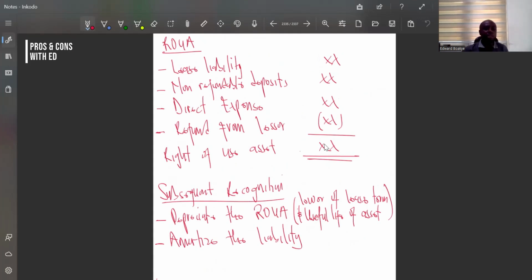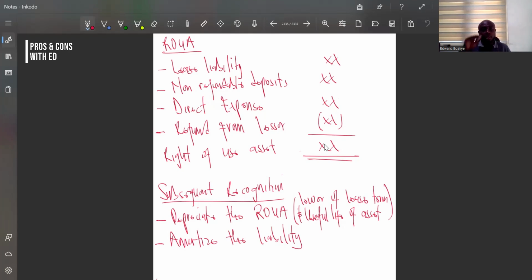Then in subsequent recognition, all you need to do is depreciate the right of use asset and amortize the liability. As I said, in our subsequent videos we will take a question and get to understand how the amortization of the liability works. But for now, we will end it here for today so that in our subsequent videos we will take some questions and deal with the rest of the issues.